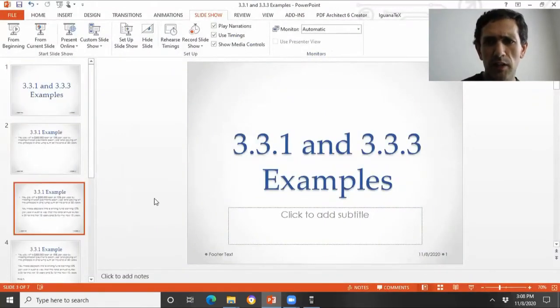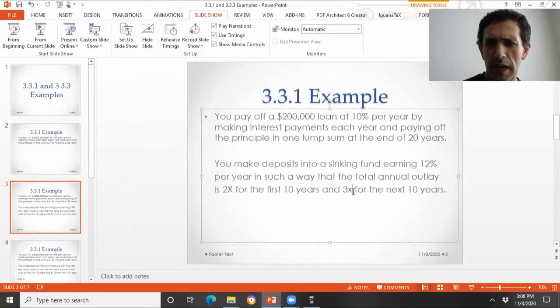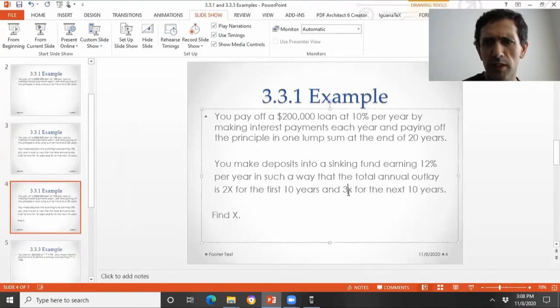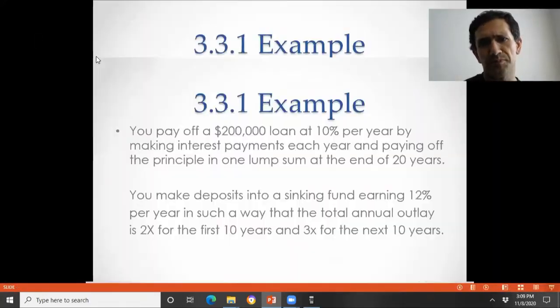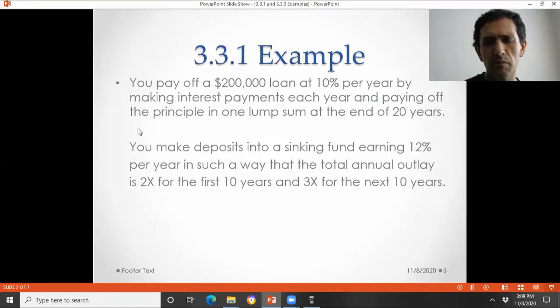And so this should be a capital X, not that it matters much, but let's make it a capital X. So find X. And as I said, this is similar to 3.3.1. I think there it's X and 2X, basically the same setup.